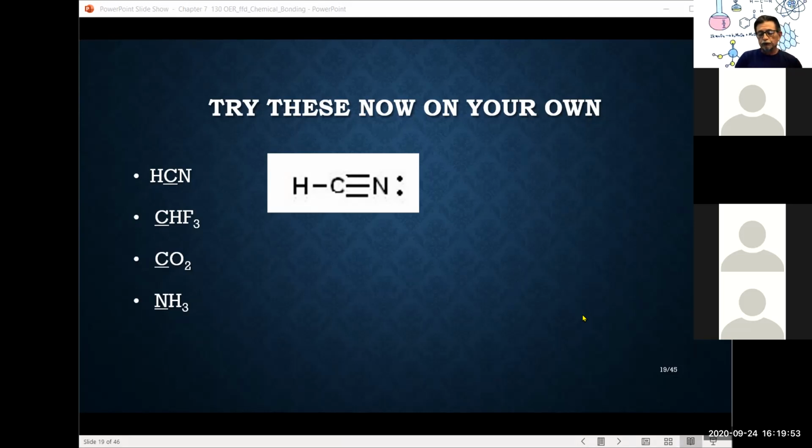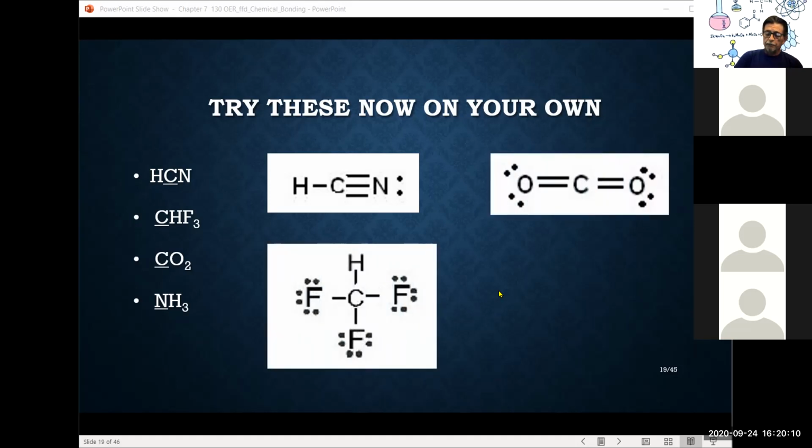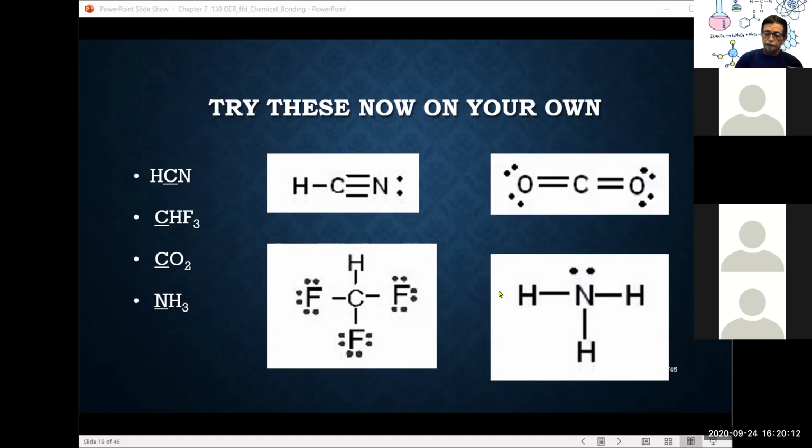And those are for groups 1 through 8A. You can't do that type of prediction for the B elements, only for the A. So we take that one step further and we start looking at structures. I suggested to try these on your own, see if you can come up with the same structures that you see here, okay?